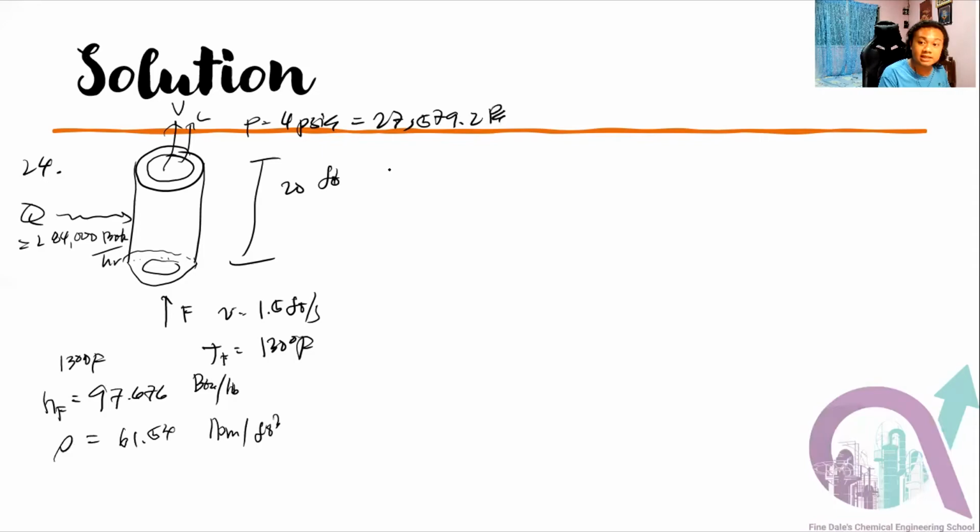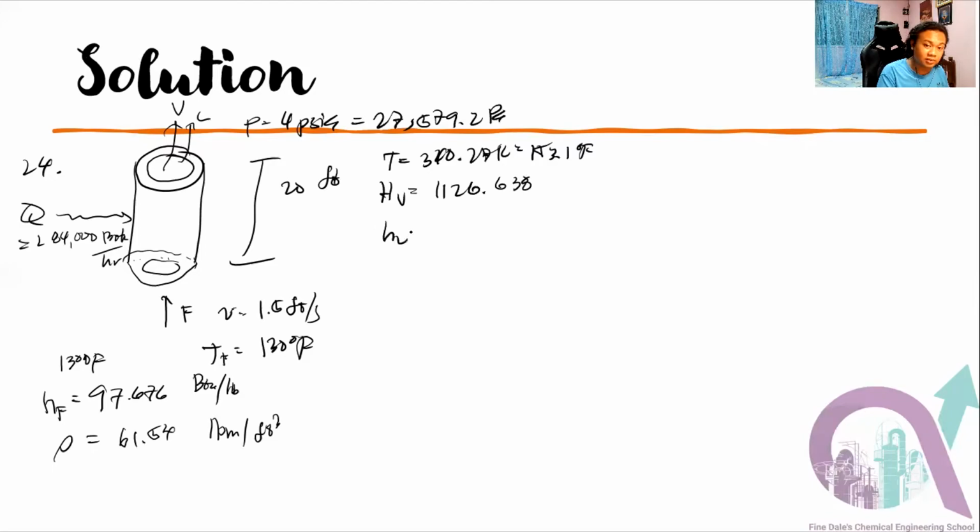27,579.2 pascals, right? Or you can get the saturation temperature at 340.27 K or 153.1 degrees Fahrenheit. You can get the HV here, the enthalpy of the vapor, which is 1,126.638 BTU per LBM.